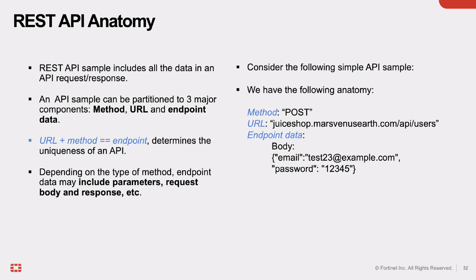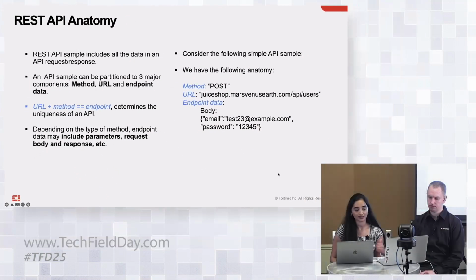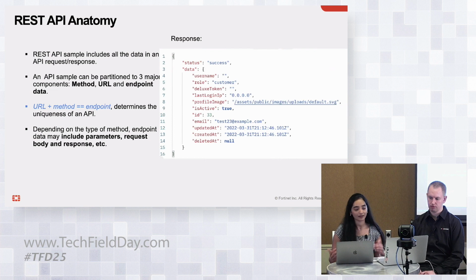And the endpoint data: sometimes we send data as a query parameter, trying to query something back from the API endpoint, or sometimes we post some data to the API, so it could create something in the endpoint with just the API call. So there is method, URL, and endpoint data. When we make a successful API call, we get a 200 OK response back, with the information in JSON format.